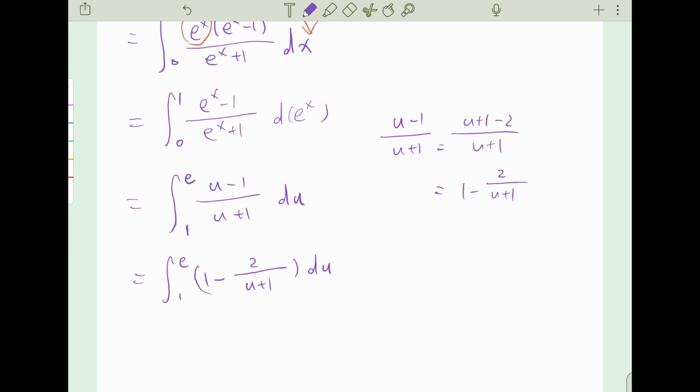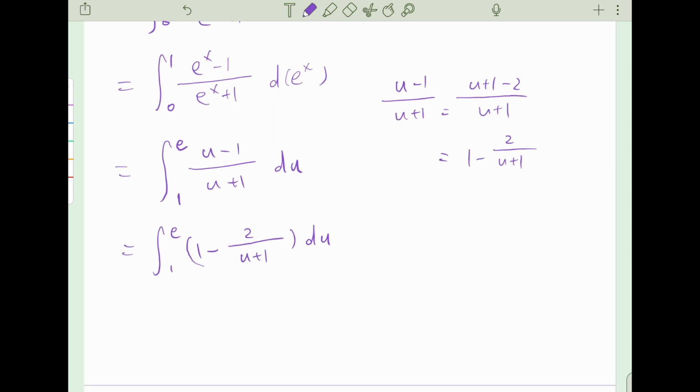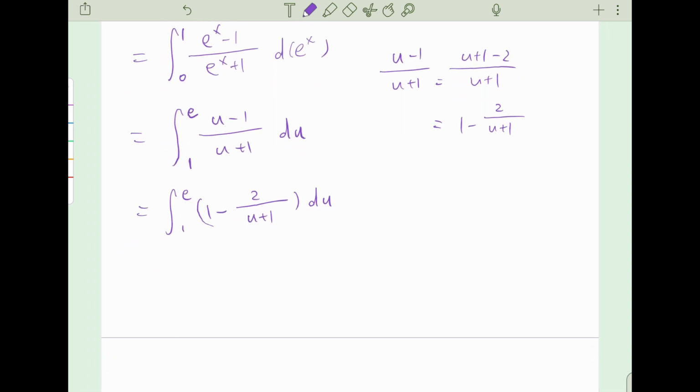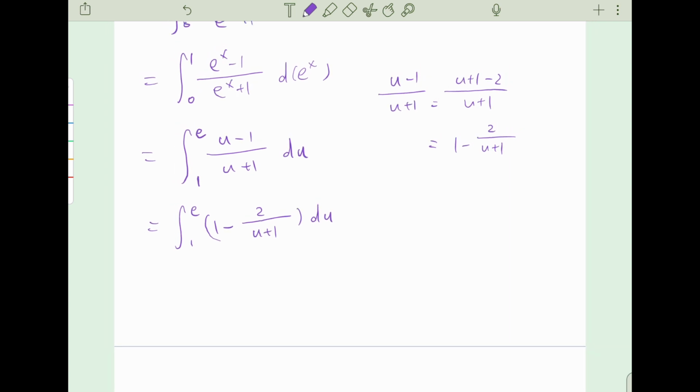The reason for doing that is that we can get rid of the variable in the numerator, right? So now we can just plug in the formula.